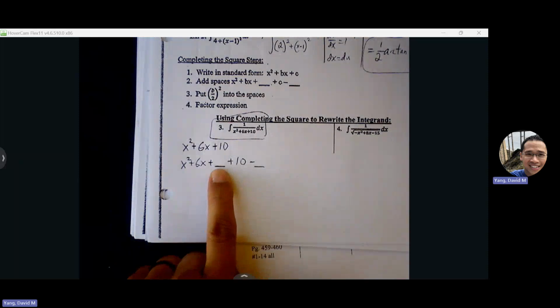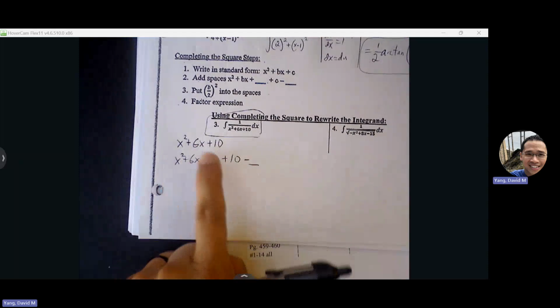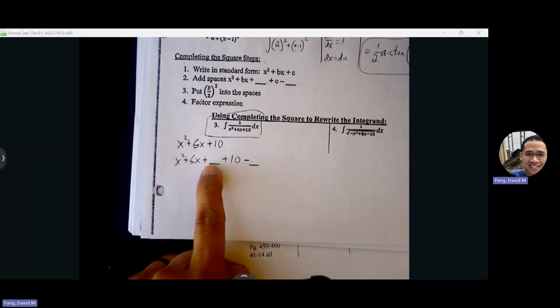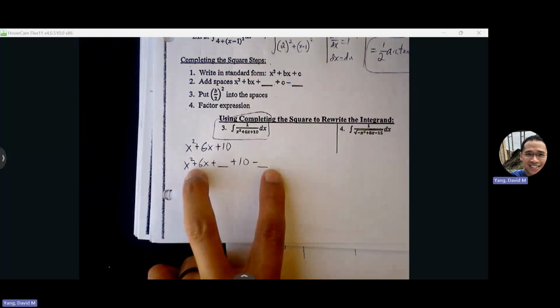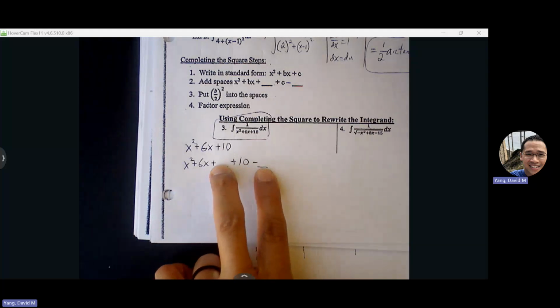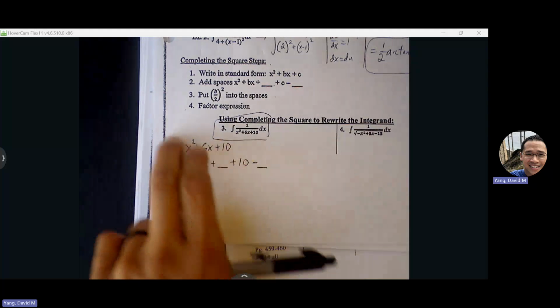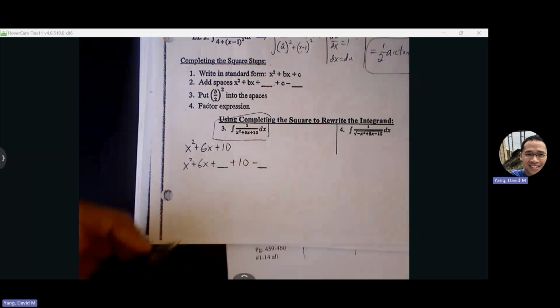Whatever number we find to make this a nice, clean trinomial factoring, we're going to instantly subtract that number out so we don't change the overall value. If I do a plus 1 here, I need a minus 1 because I don't want to change the overall value of my expression.